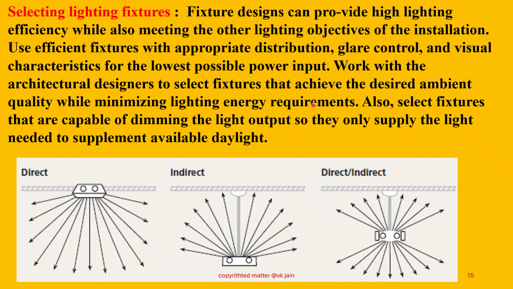Also select fixtures that are capable of dimming the light output so that they only supply the light needed to supplement available daylight. Now the direct type of fitting provides illumination in all directions, whereas in indirect type of fitting, the light is reflected back to the ceiling, and the light is not allowed to pass through.